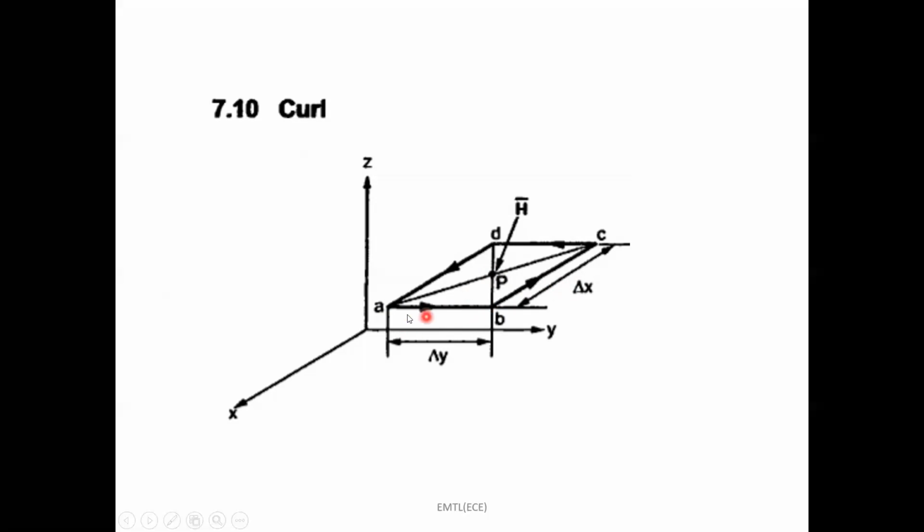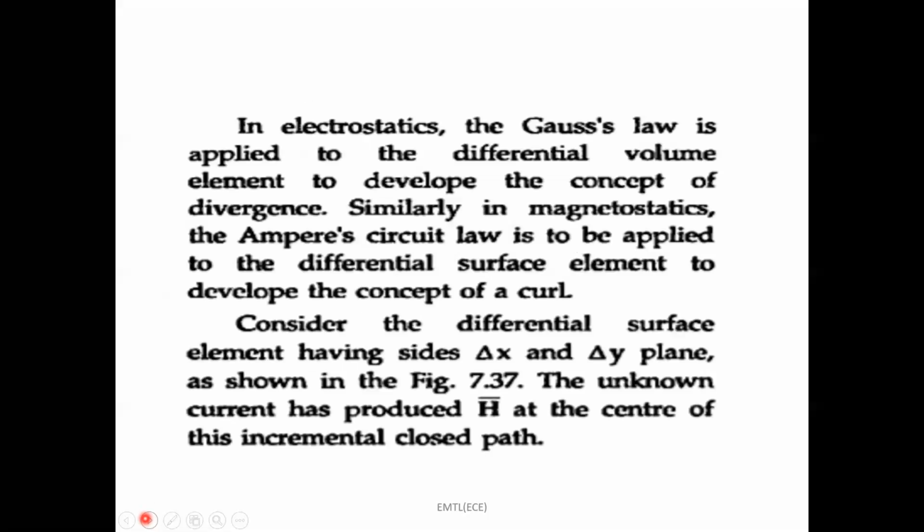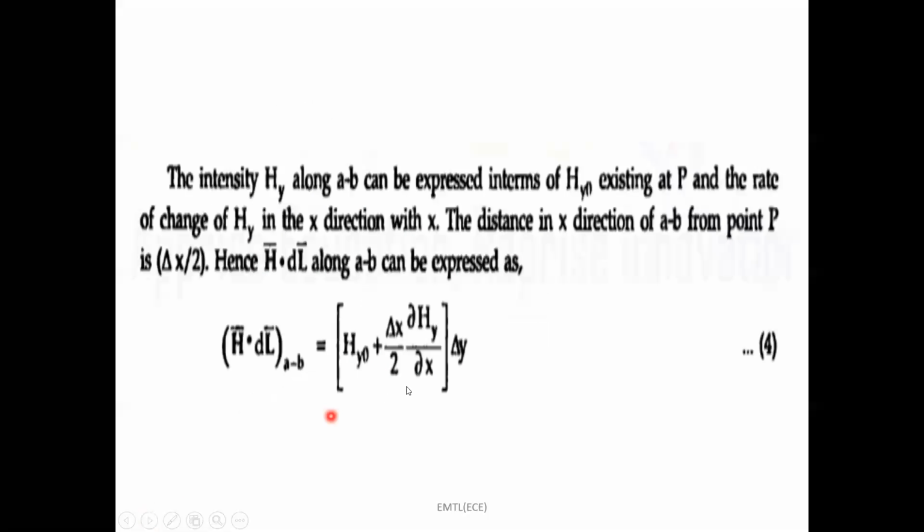So whenever we have to calculate the magnetic field intensity at the point P, when current is passed from A to B, then this value is equivalent to Hy naught, and also the impact of x direction. That x direction impact is indicated by the expression delta x by 2 dou Hy by dou x into delta y.